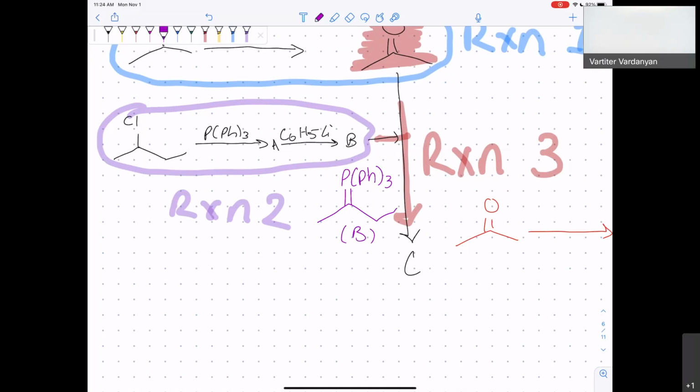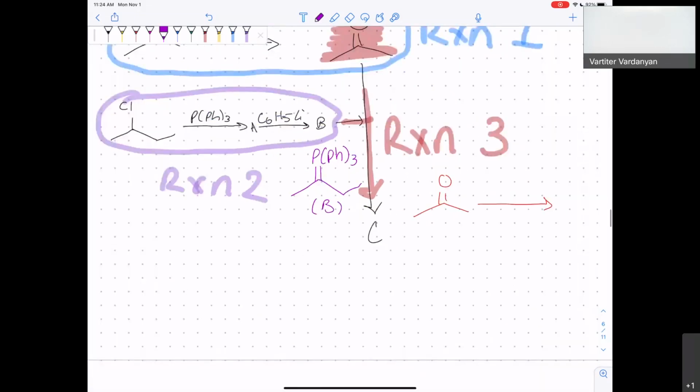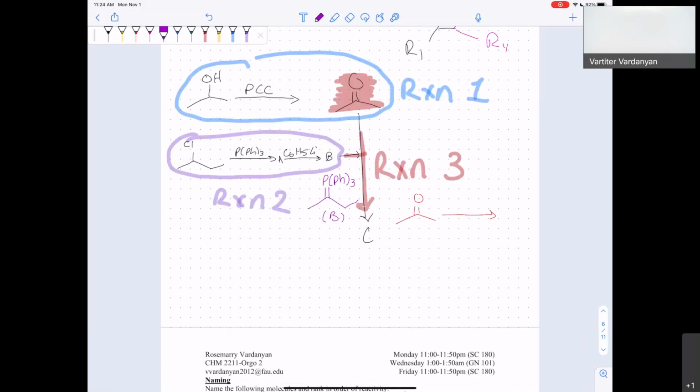So any question of how I got here? Sort of kind of okay? Yeah. Oh, maybe not. There we go. So for reaction 3, the second reactant we have is the halide.